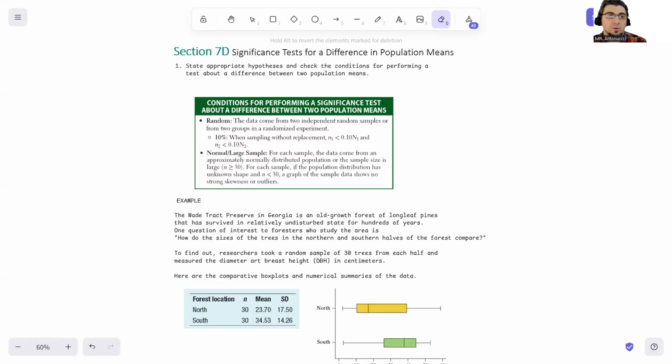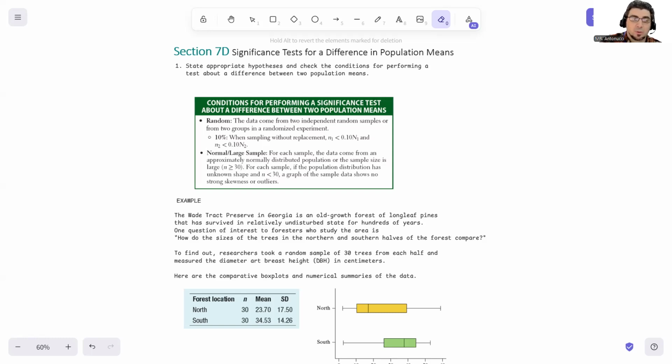And in this section, we're going to talk about significance tests for a difference in population means. To get started in this video in particular, we're going to talk about how to state the appropriate hypotheses, as well as check the conditions for performing a test about a difference between two populations.